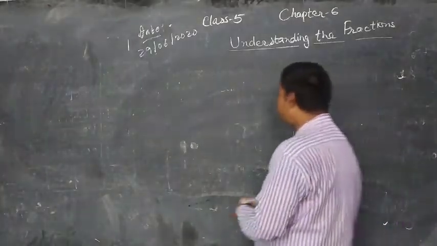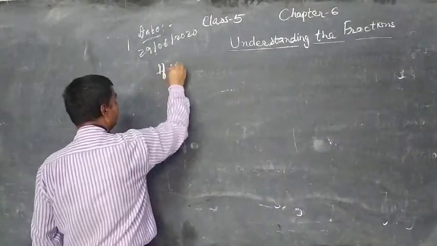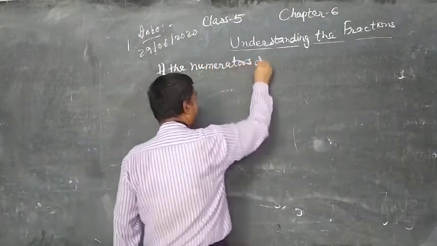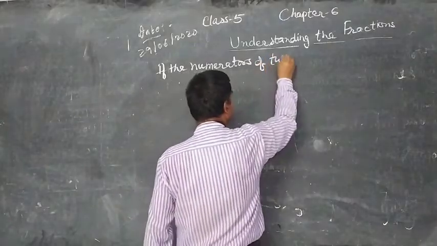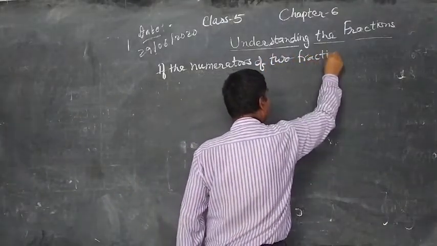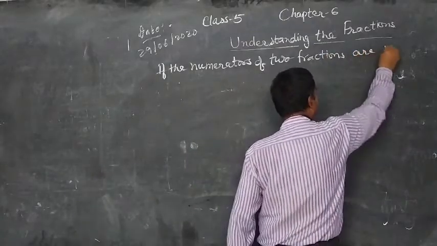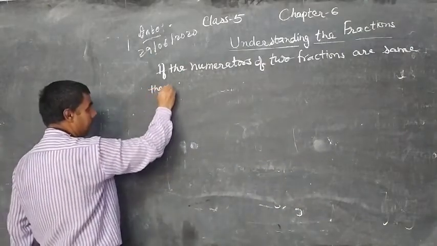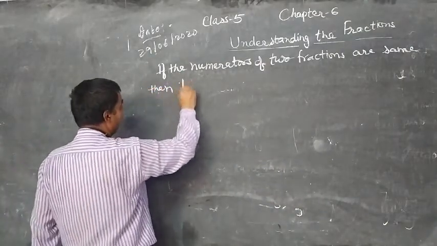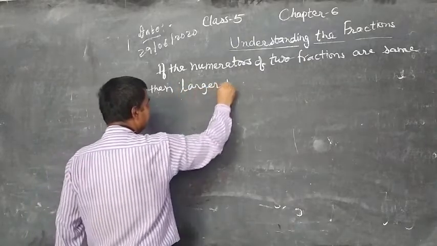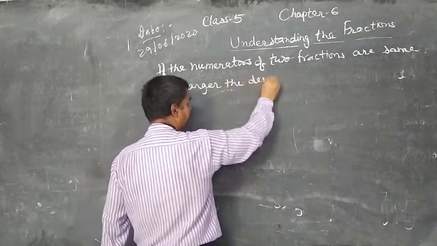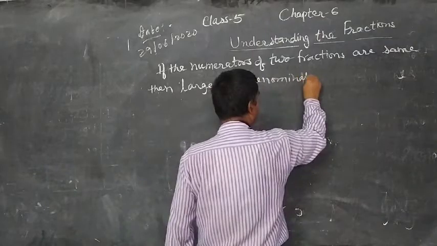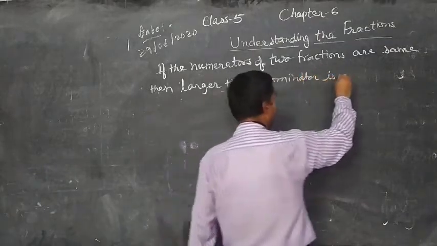If the numerators of two fractions are same, then larger the denominator is the smaller fraction.